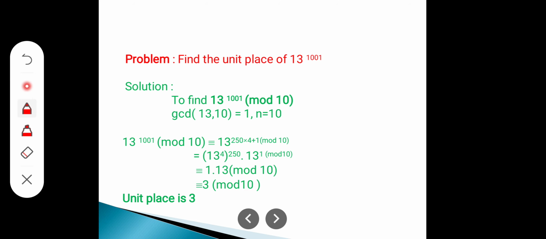Here n is 10 and phi of n is 4. So 13 power 4 mod 10 is 1. So we have 1 into 13 mod 10. So 13 mod 10 is 3 mod 10. So the unit place is 3.